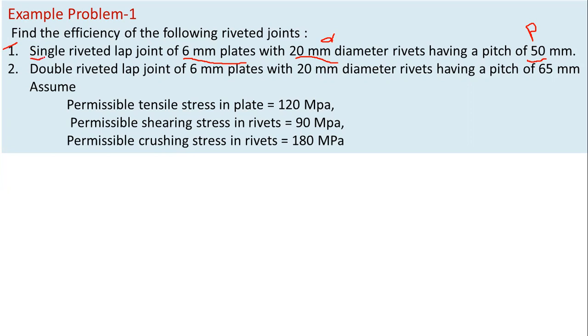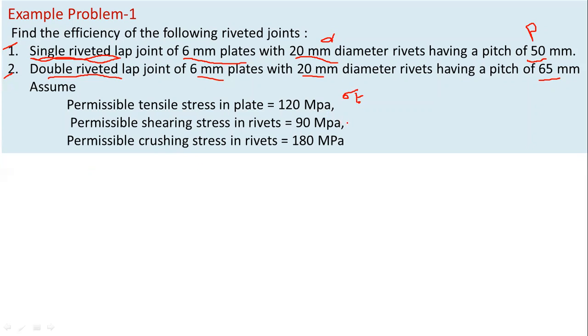But the first problem is a single riveted lap joint, and the second problem is a double riveted lap joint. Thickness is the same, diameter is the same, but the pitch value is 65 mm. Now take the permissible tensile stress, sigma T, for determining the tearing strength, equal to 120 megapascal.